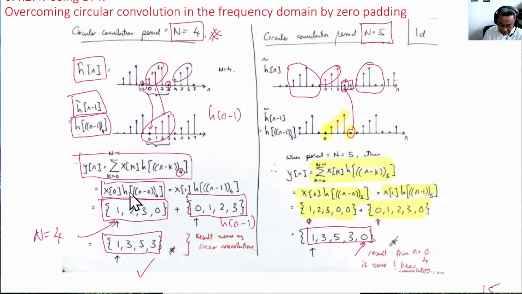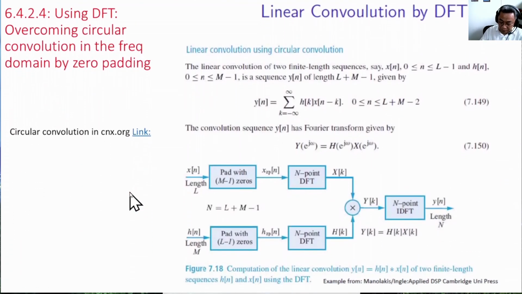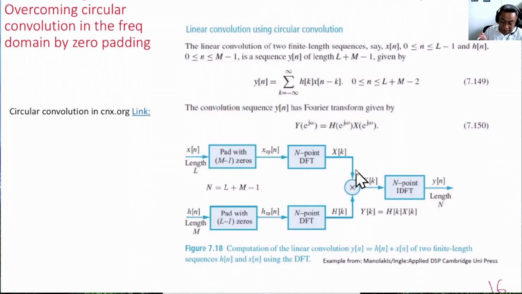That's the general idea. Now, this figure summarizes what we are going to do in reality. So in most questions we are given x[n] that is L samples long. h[n] is M samples long. They can be different, right? And we want to produce a sequence that is L plus M minus 1 samples long.